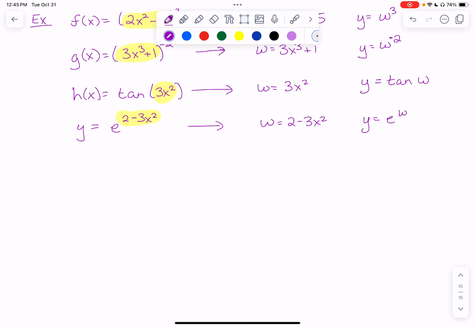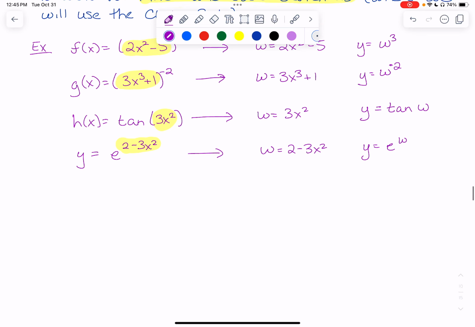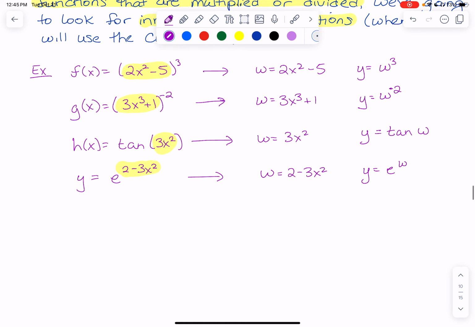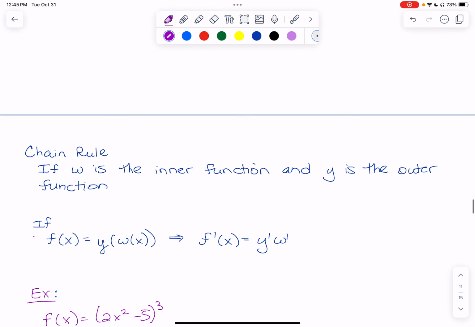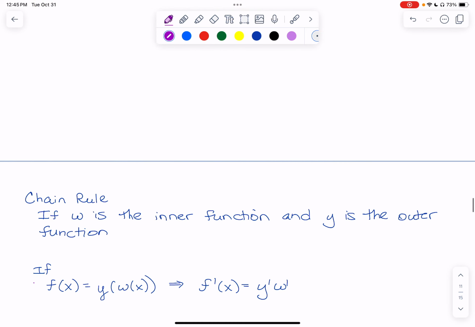All right, so let's take a look at how we can use this information with the chain rule to find our derivatives. So if you remember, right, the chain rule, if I have w, that's the inner function, and y is my outer function, then I can say that f of x is equal to y of w of x.